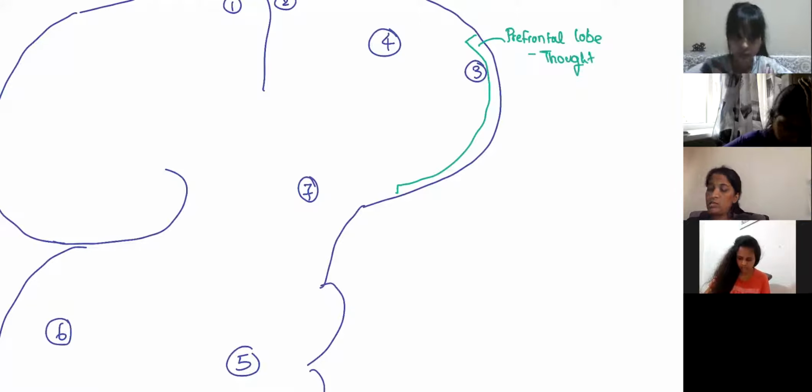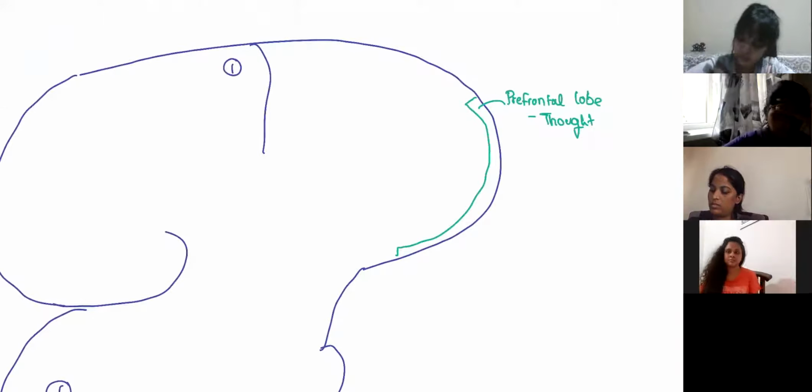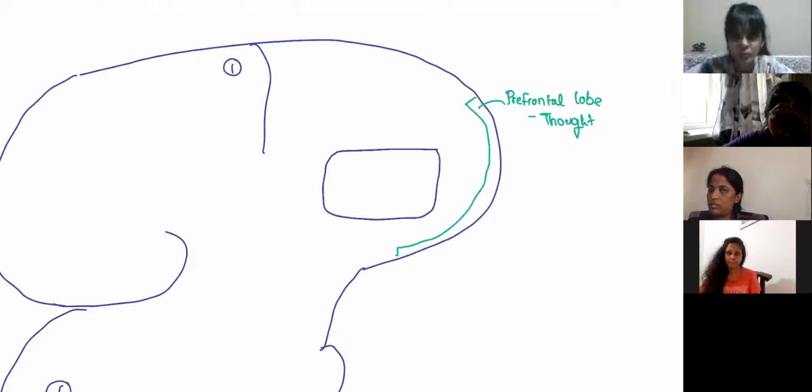Think of this as the big boss. He's the big boss who tells you you need to do this. Okay. And he tells it to the secretary. The secretary is the primary motor area. This is called the primary motor area.